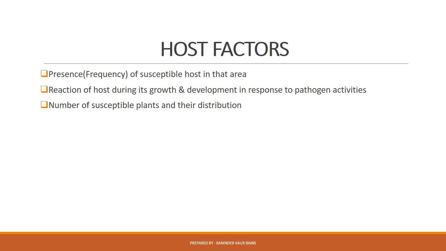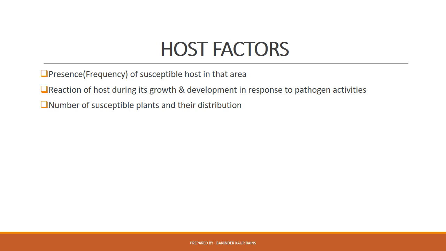The last one is the number of susceptible plants and their distribution. What is the population of the plants in which the disease can be caused? Sometimes the spores scatter to different locations, to remote areas, and then travel back when the crop season comes again. So what is the number of susceptible hosts and what is their distribution?